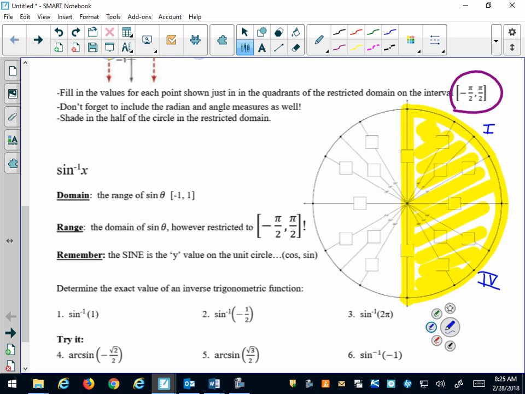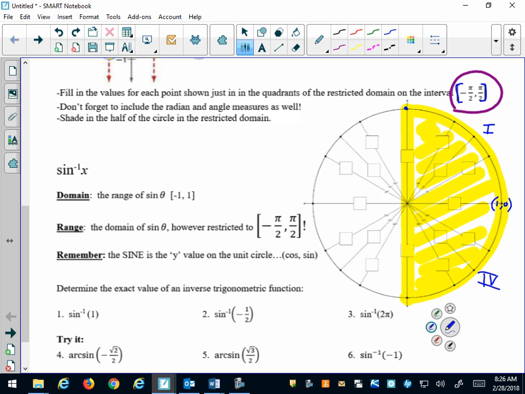Okay, so this says to fill in the values for all of the points. I feel like we just did that activity, so we're well versed on this right now, but let's just fill in a couple. So this is over 1 up 0, right? And notice these are brackets, so it's including negative pi over 2 and pi over 2.